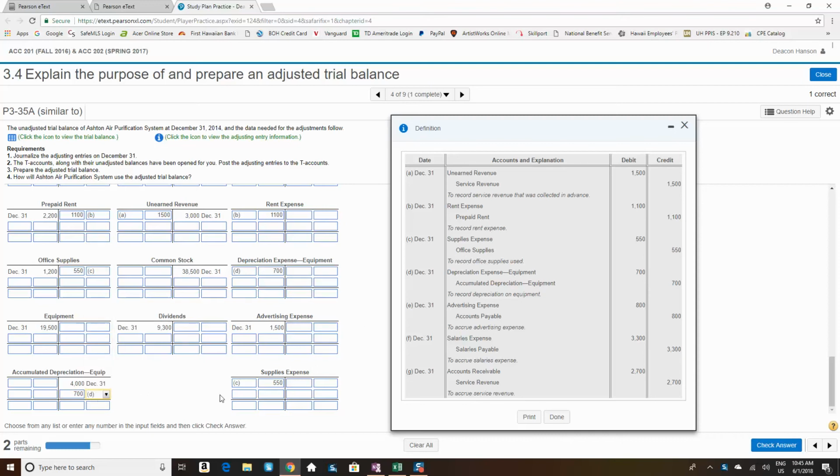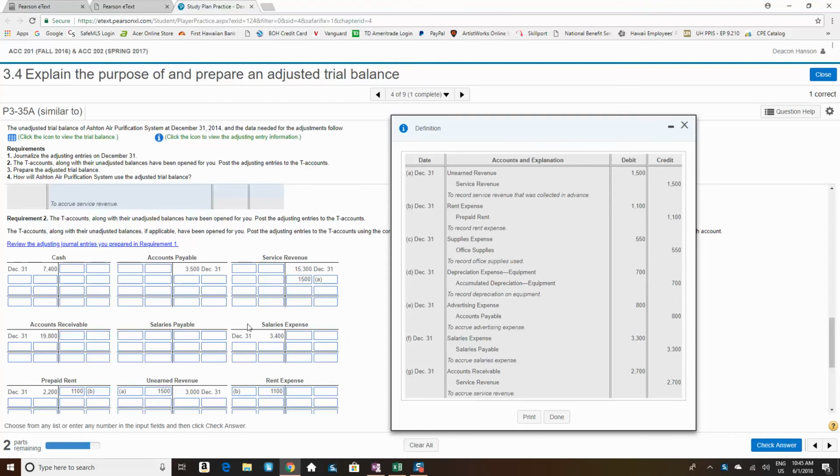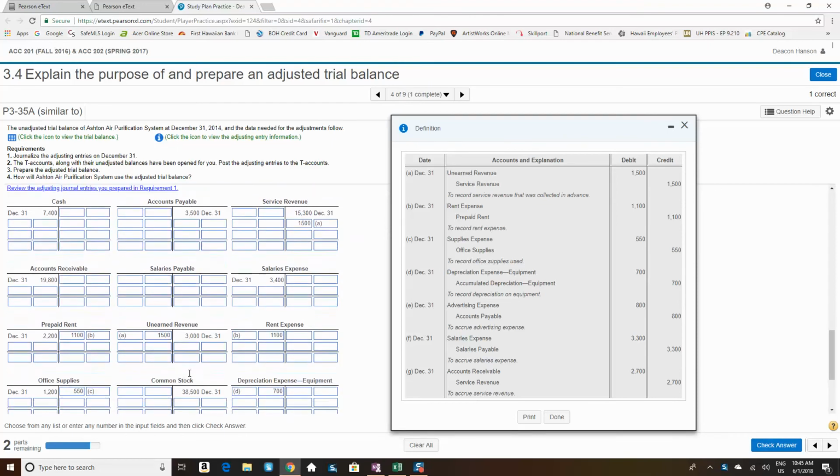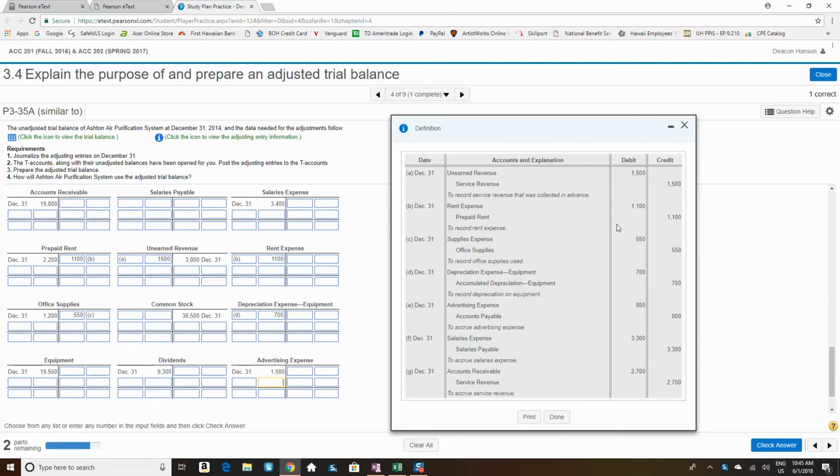So that's actually increasing the accumulated depreciation. Let's see, entry E, advertising expense 800. There's a debit of 800 to advertising expense, entry E, and accounts payable gets a credit of 800.